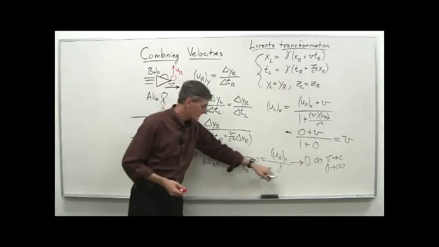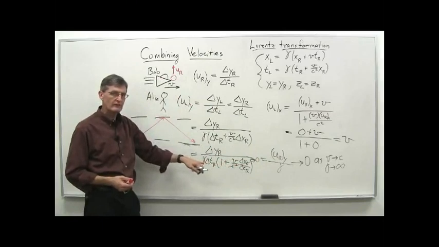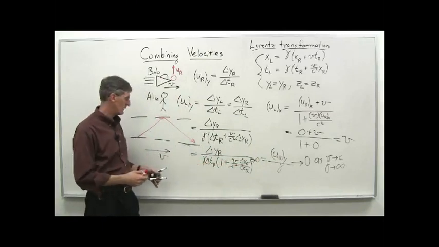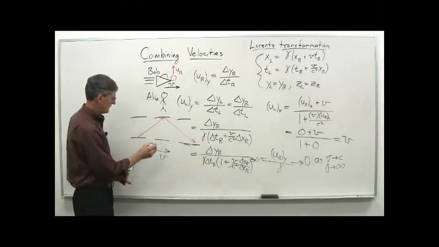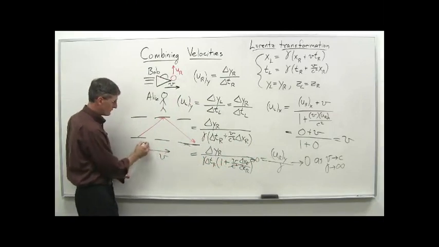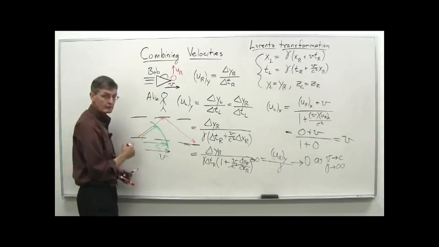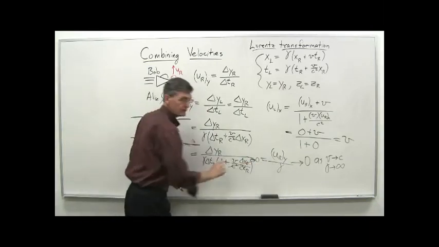And that's what this mathematics here is telling us, another way that we argued for qualitatively earlier. If this is the velocity of light, if we're going c here, it can get up here at c, but it never gets up to that top mirror. That's what this is telling us.